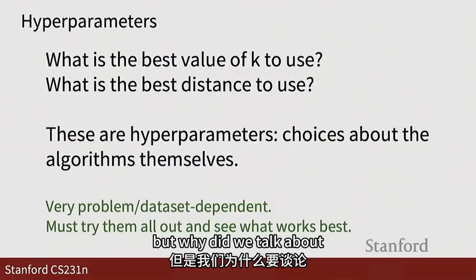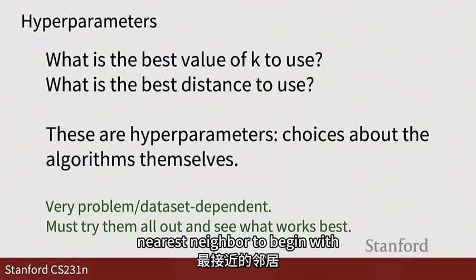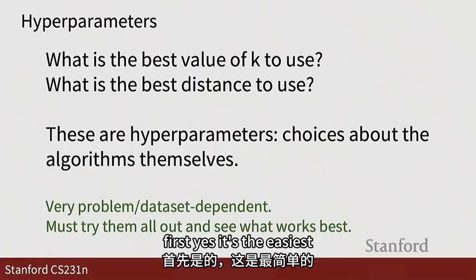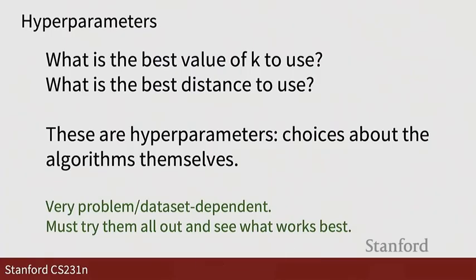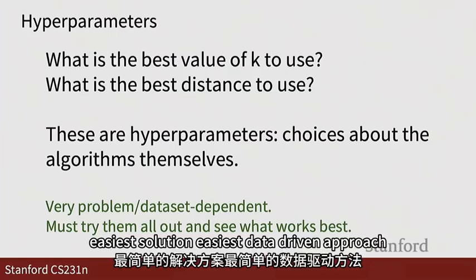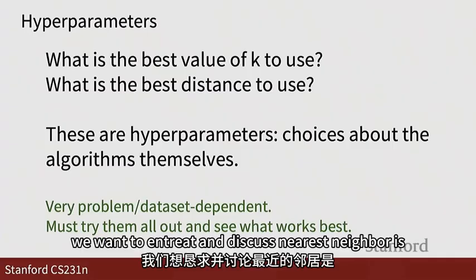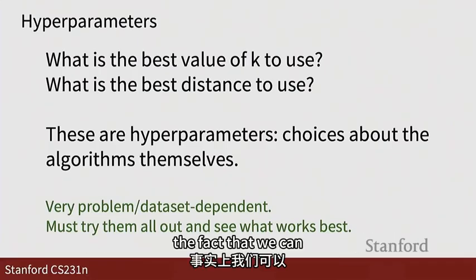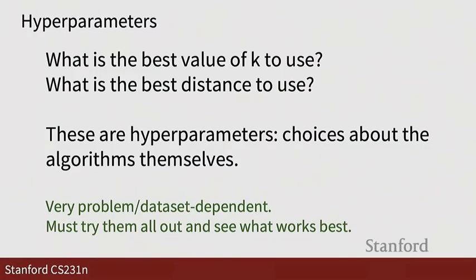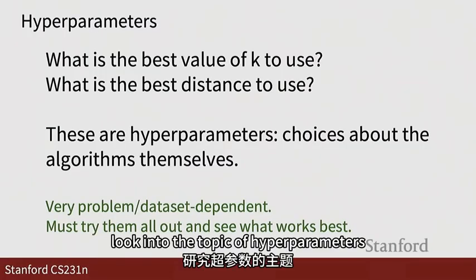But why did we talk about nearest neighbor to begin with? First, yes, it's the easiest problem to solve, the easiest data-driven approach, and great to start with. But one of the main reasons that we want to discuss nearest neighbor is the fact that we can look into the topic of hyperparameters.